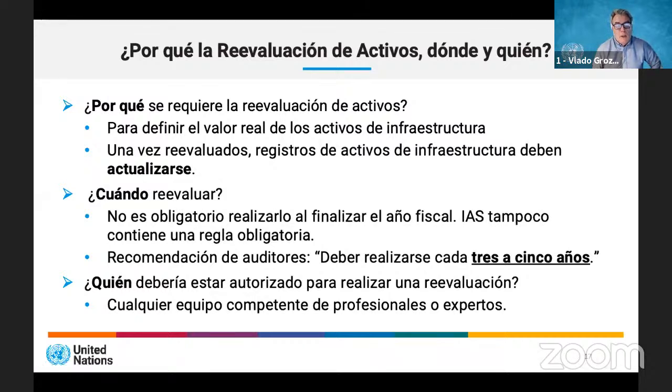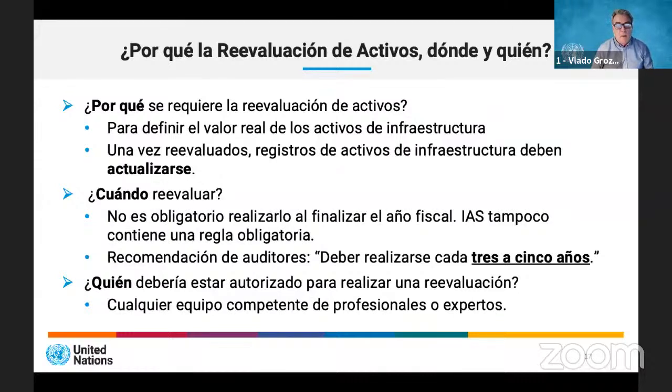So who should be authorized to perform revaluation? According to the international accounting standards, the revaluation of land and real estate is done by certified appraisers or evaluators, or court expert witnesses, respectively. In the valuation of municipal infrastructure assets, properties, plant or equipment, no such standard applies.